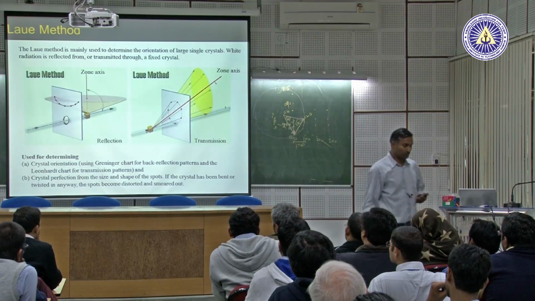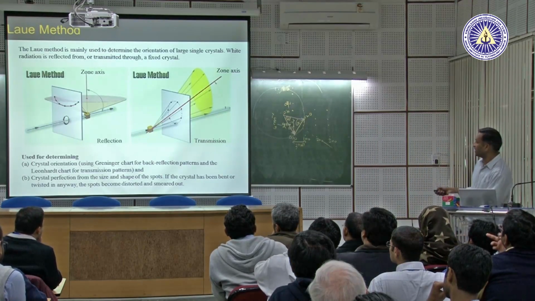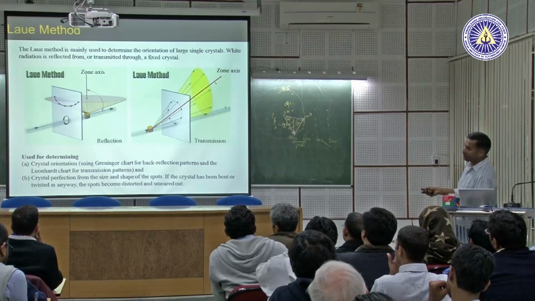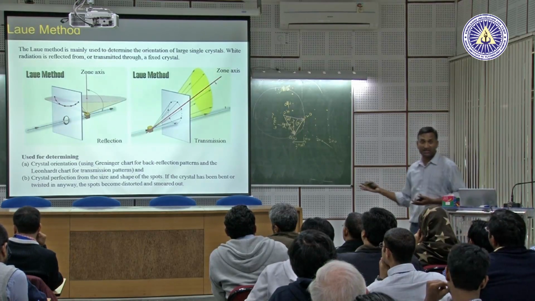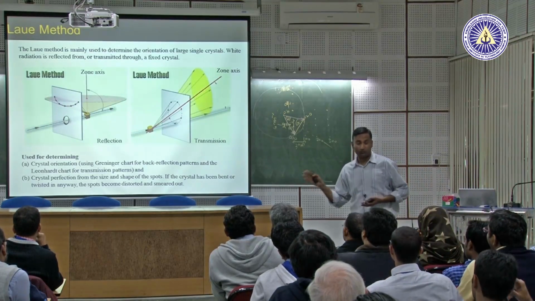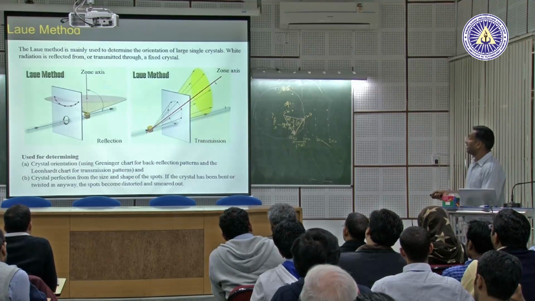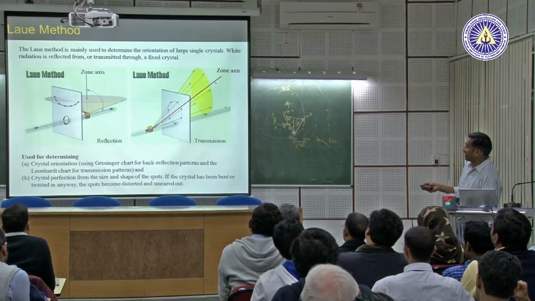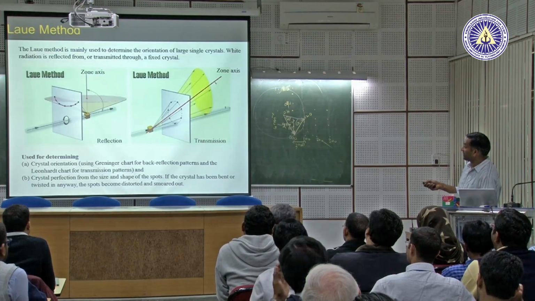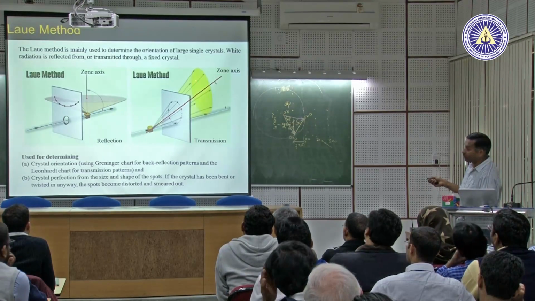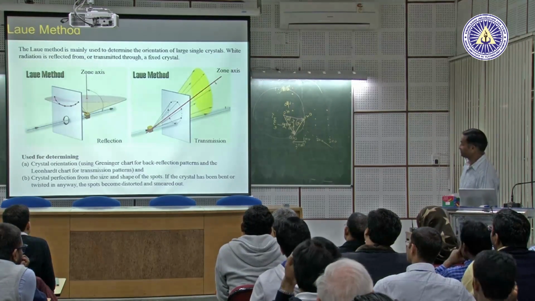Now this diffracted beam could go in different directions depending upon theta. If it's more than 90 degrees, or more than 45 or less than 45, you can have the diffracted beam coming in the backward direction, or going in the forward direction.